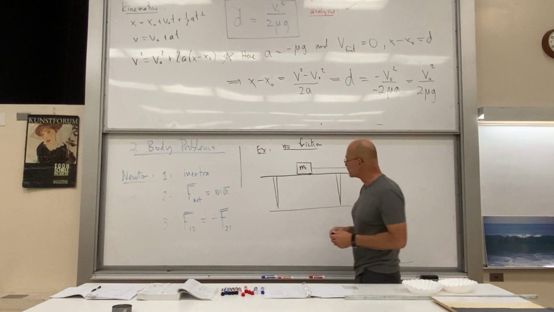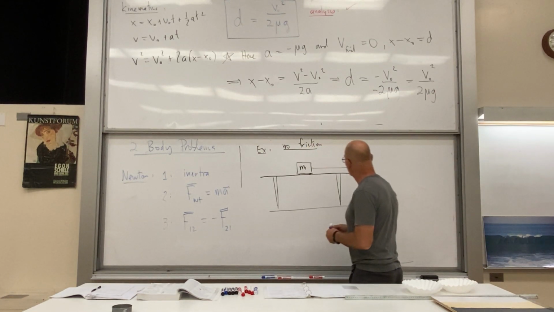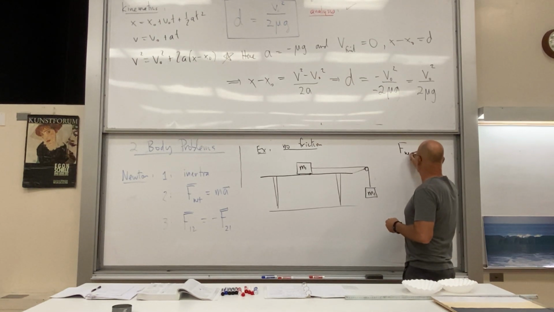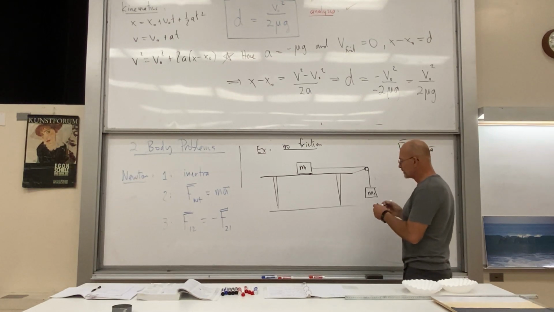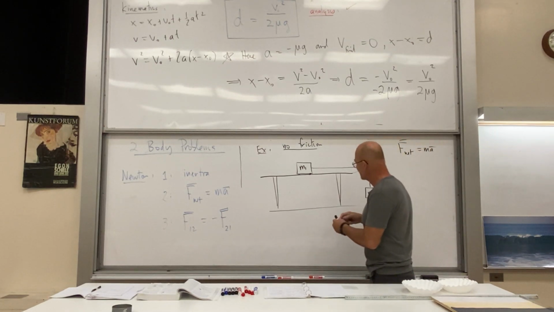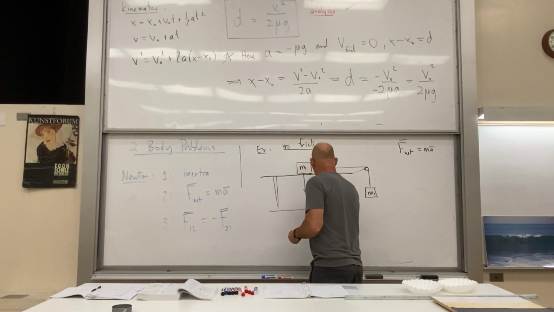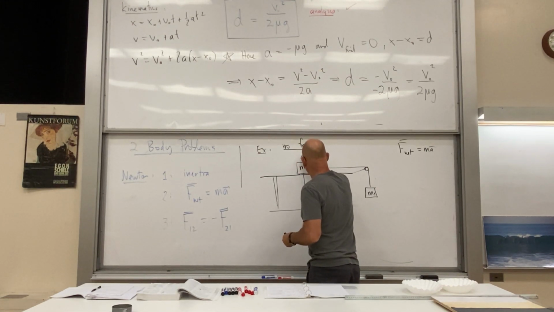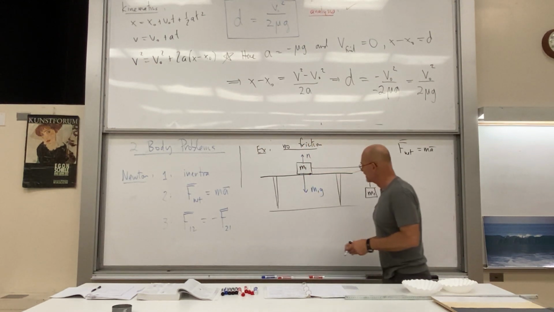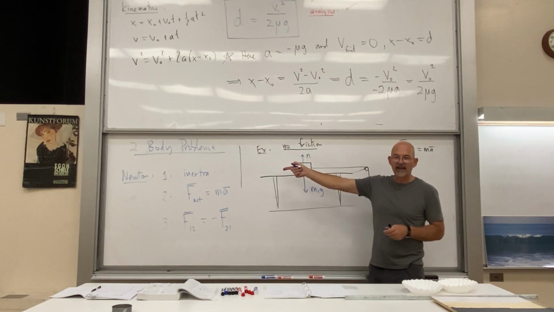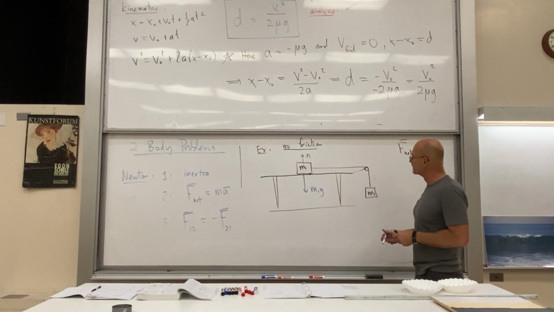Okay, so let's first of all draw, we'll just write Newton's law down. But the first thing we'll do is the free body diagram. And what we have here, M1g and N, we could also put a friction pointing to the left, opposing the direction of motion.